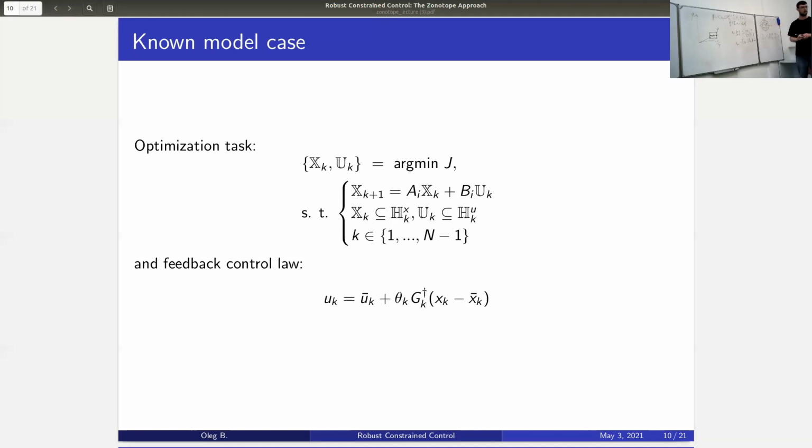So what kind of system is this? Okay, when u equals 0, this system moves in this form. And we need to find u that converts this system to 0.